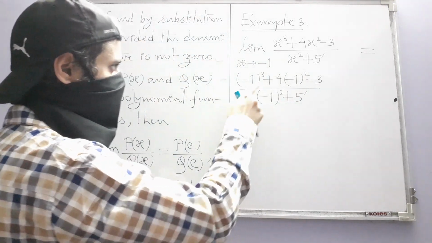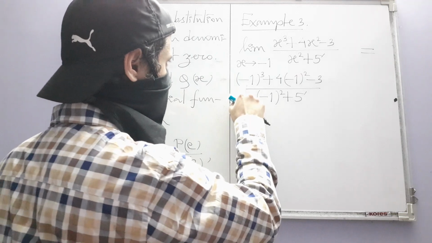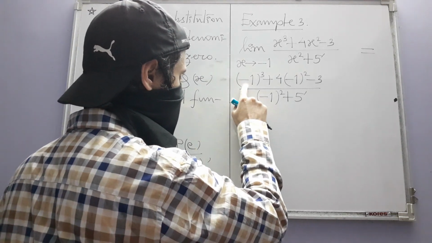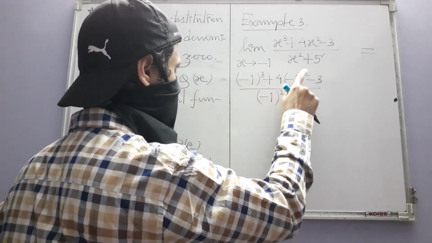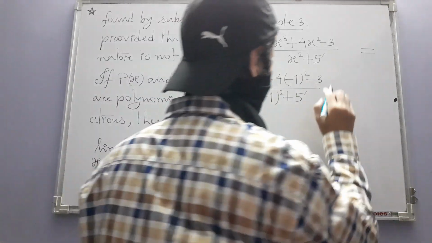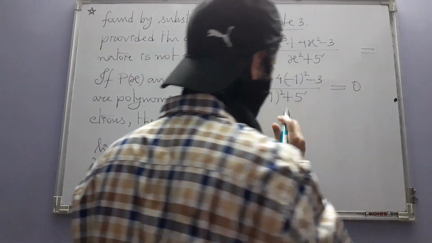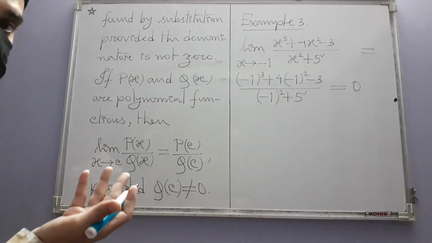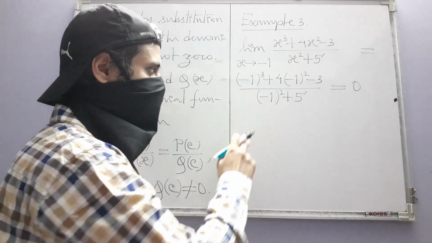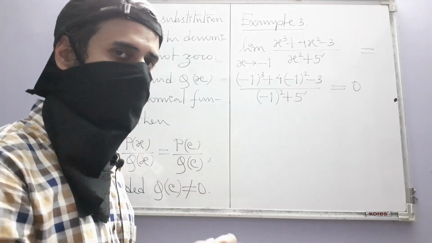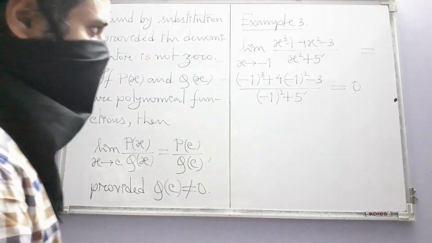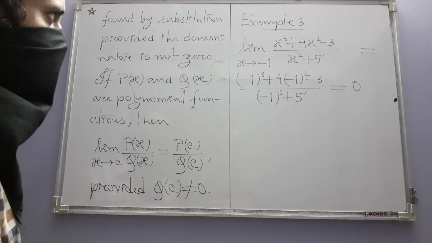So what will the numerator be? This will be minus 1 plus 4 minus 3, that means 0. So we are going to get 0, and the denominator of course is non-zero. There also we saw that regardless of what the value of c is, the denominator is non-zero. So here also non-zero, in particular for c equal to minus 1.